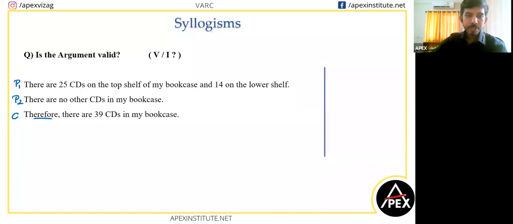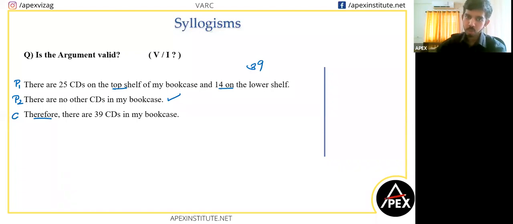There are 25 CDs on the top shelf and there are 14 on the lower shelf. So 25 plus 14, 39. Now the bookshelf may have other shelves. We don't know. We are not given how many shelves the bookcase has. But there are no other CDs in my bookcase. This is given. So even if the bookcase has other shelves, the CDs are only 39.